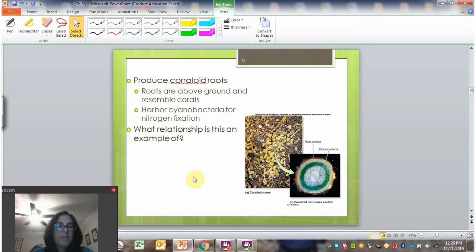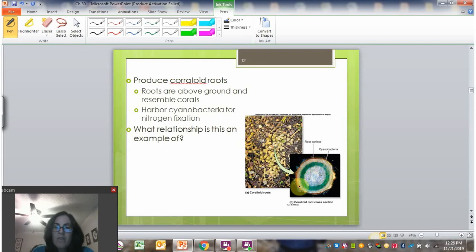Another unusual feature of the cycads is they have these roots that grow along the surface. They're called coralloid roots. So they're actually above ground. And the reason why they're above ground is they actually have cyanobacteria growing in them and getting light. So they need light. If you cut open the roots, you see this layer of green. That's the cyanobacteria. Cyanobacteria are also capable of fixing nitrogen.